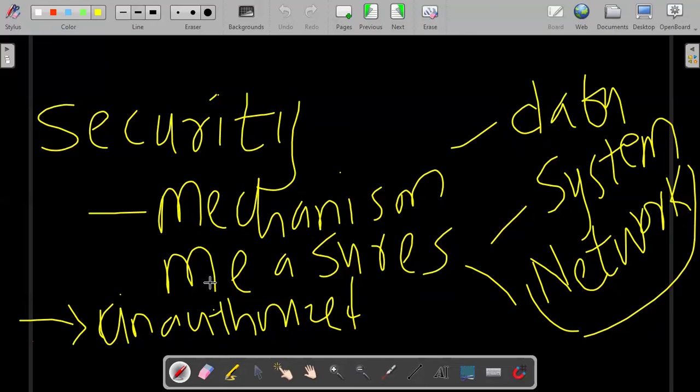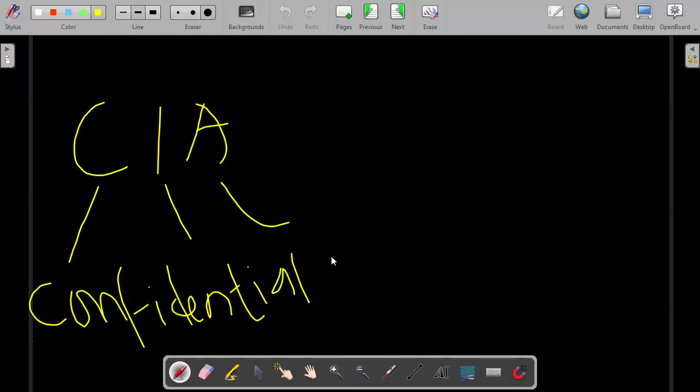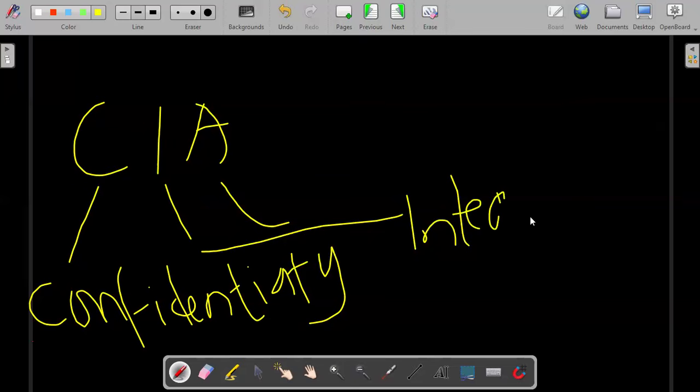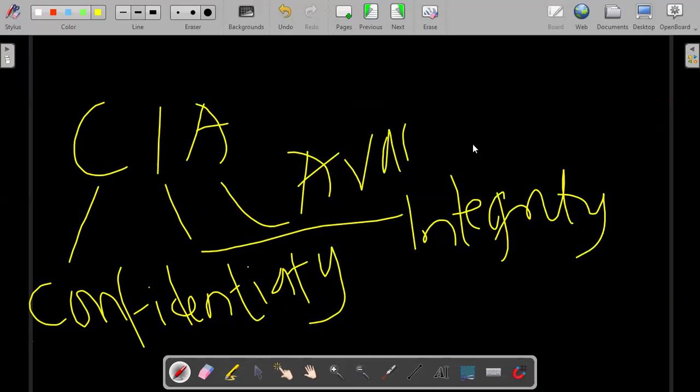There's damage. So physical security is also very important in security. And the whole essence of security is to ensure CIA: confidentiality, integrity, and what? Availability. Let's not go into cybersecurity more, but you can add this, because you are preventing people from unauthorized access. Now, that is for security.